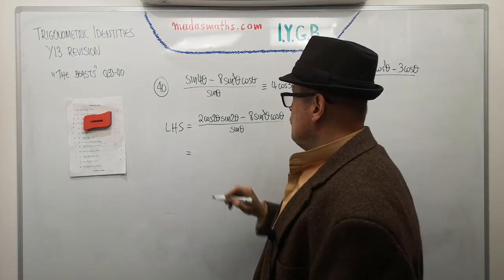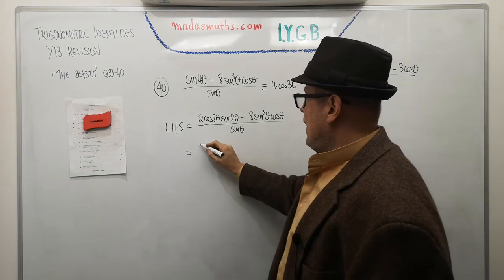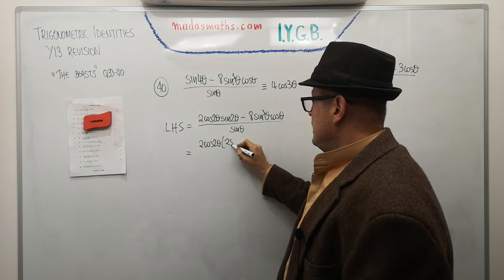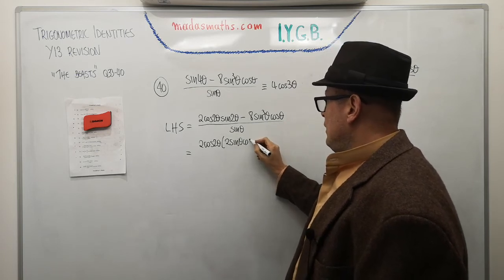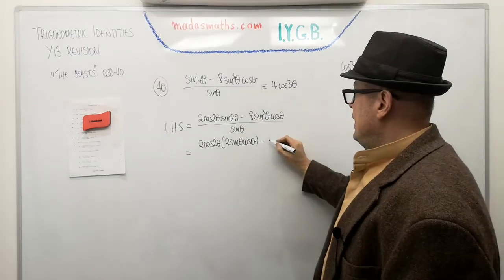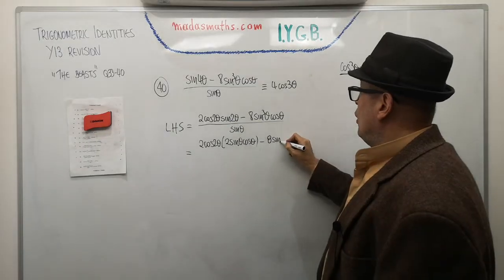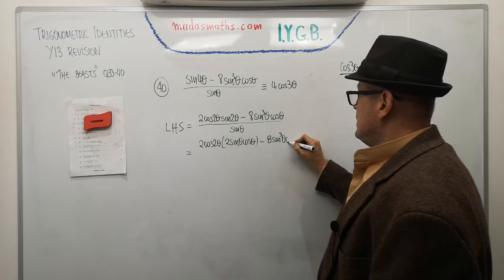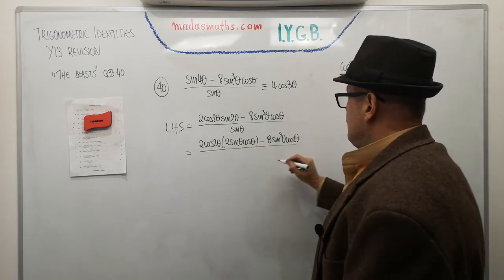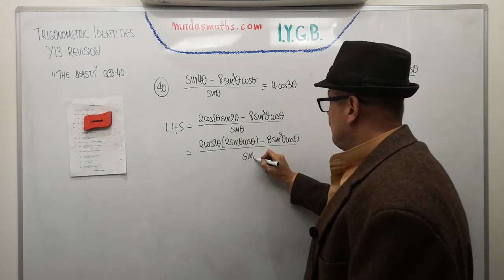So let's move on and write this as 2 cos 2 theta bracket 2 sine theta cos theta. This is this item on its own, minus 8 lots of sine cubed theta cos theta divided by, of course, the sine of theta.